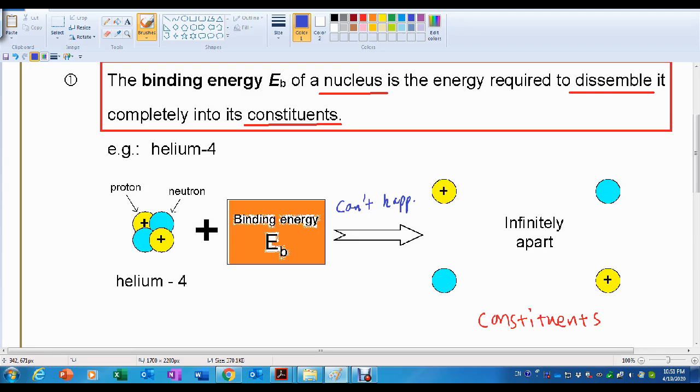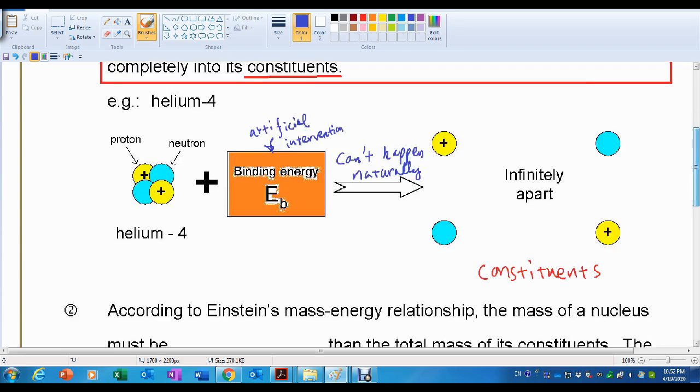That means if it does happen, it must come from artificial intervention. You need to intervene to let it happen.